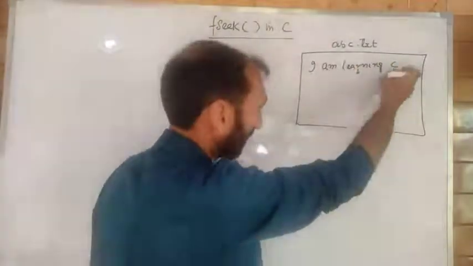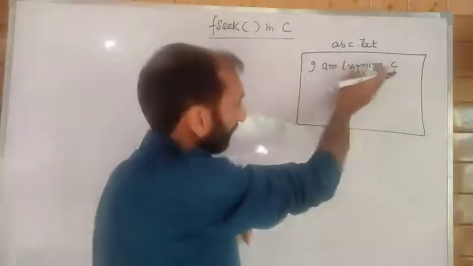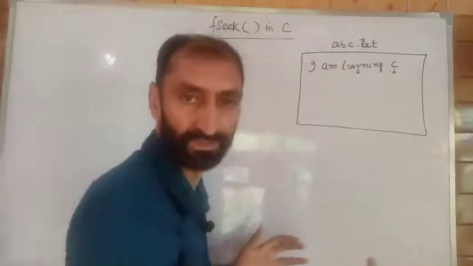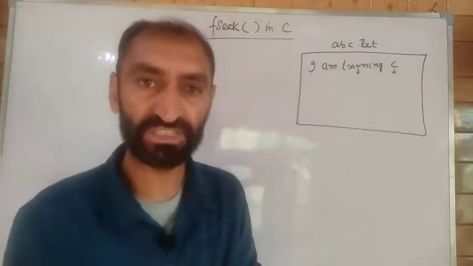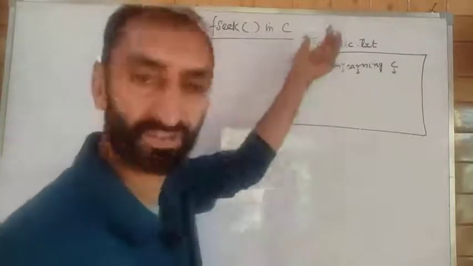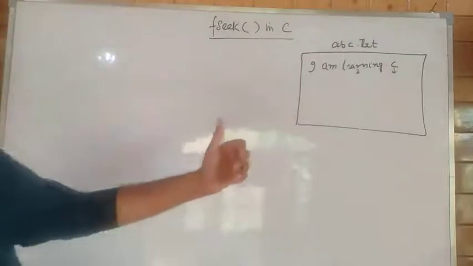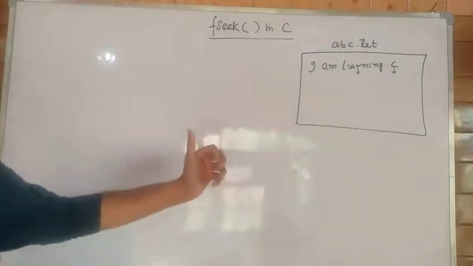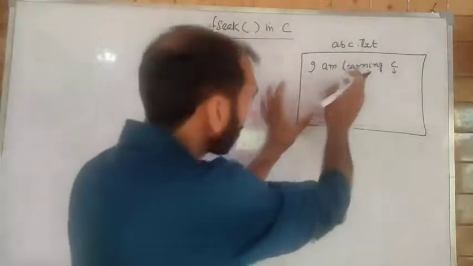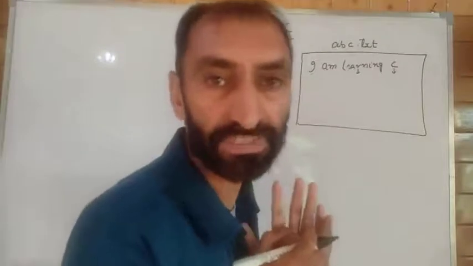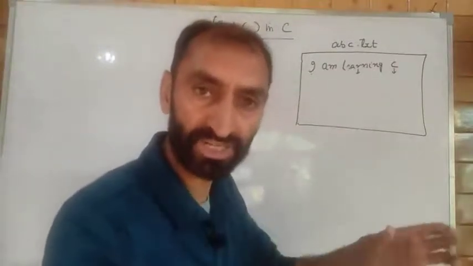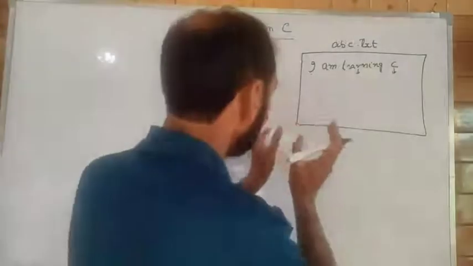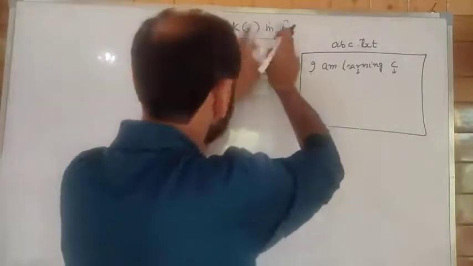If the cursor is here, I can move it backward. If the cursor is here, I can move it anywhere. So in order to move the cursor, to set the cursor, I have a function in C, that is the fseek function. In order to move the cursor to a specific position in the file, we can use this fseek function.